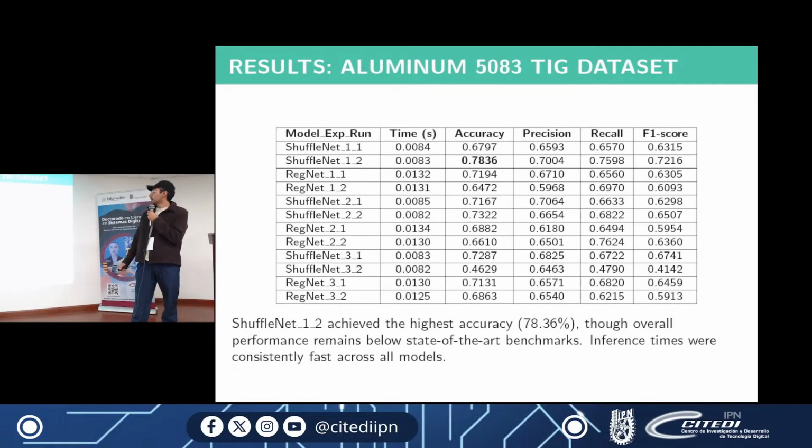And here we have the results from each experiment. One of the things that we have to mention is, as you can see in this one from the ShuffleNet experiment 1, run 1. As I mentioned, we did various runs for this comparison. But as you can see, when we do the undersampling on the first one, we get not so good results.